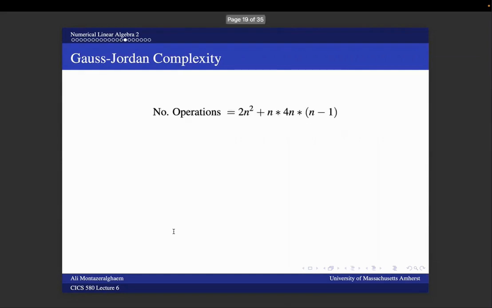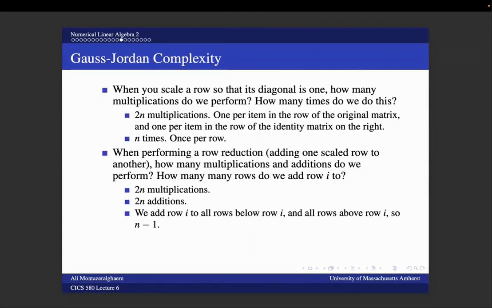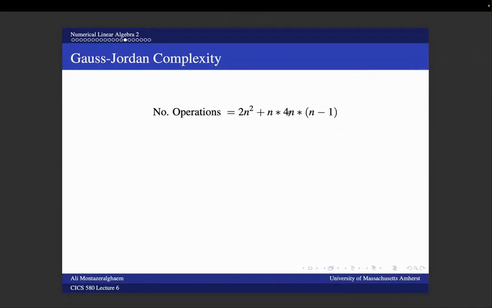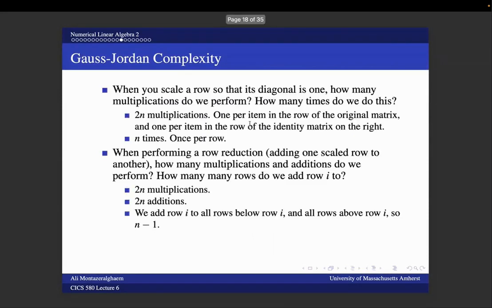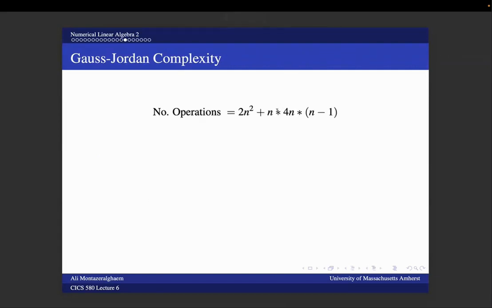So the number of operations in this algorithm are 2 times n squared for the first one that we have here, and we have 4n, which is 2 times n plus 2 times n, and then we do that n times, for each row.